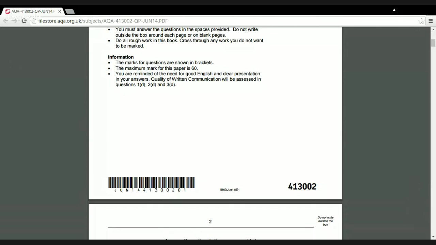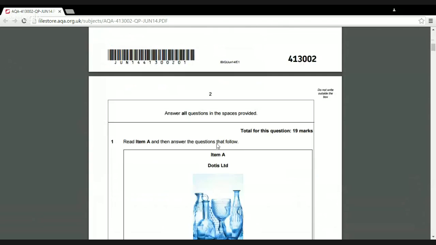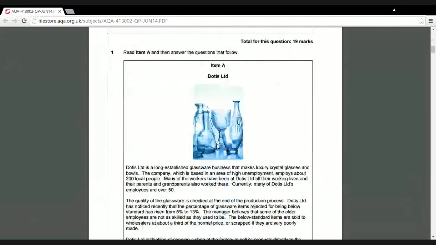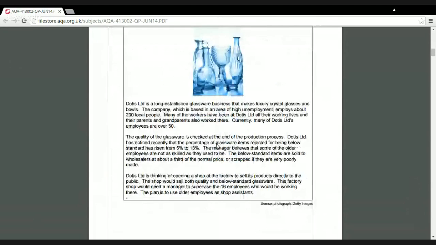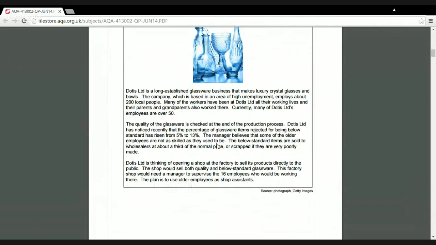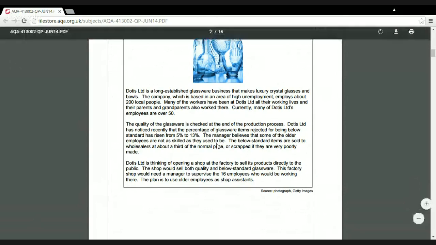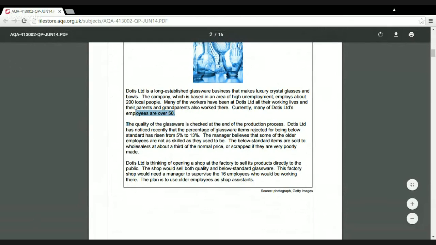We're going to go through the case study first. So if you all want to have a look at the case study, the first case study I'm going to approach is Dotis Limited. It's a long-established glassware business that made luxury glasses, although the company is based in an area of high unemployment.